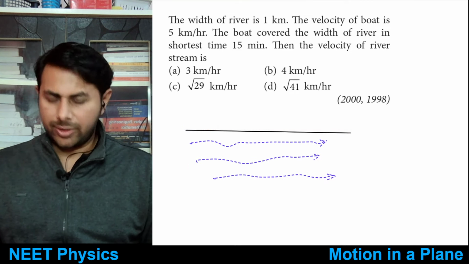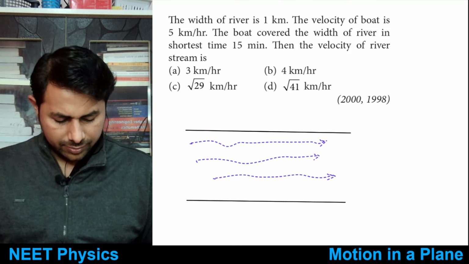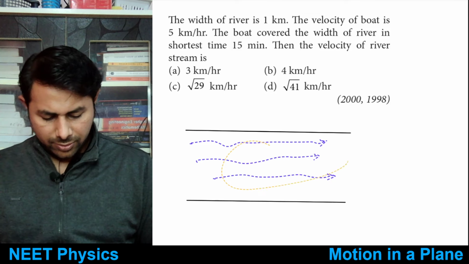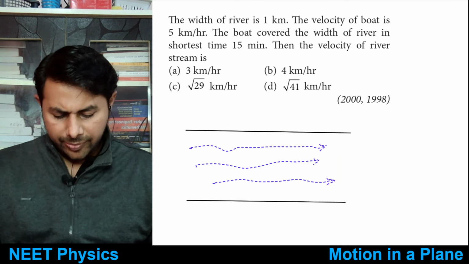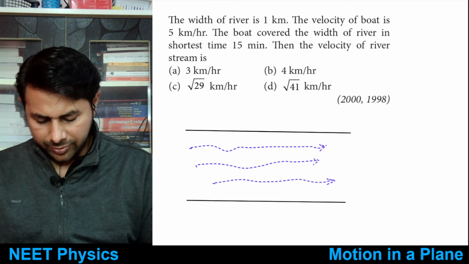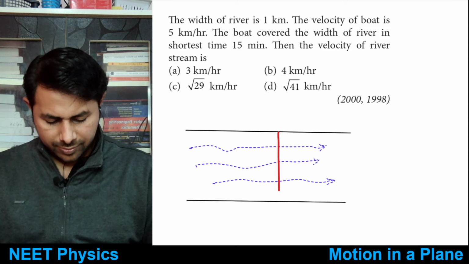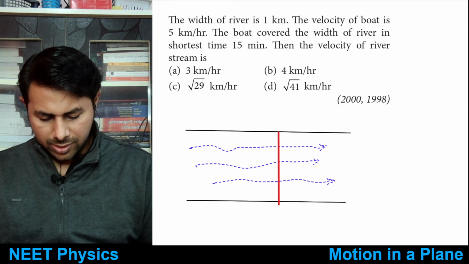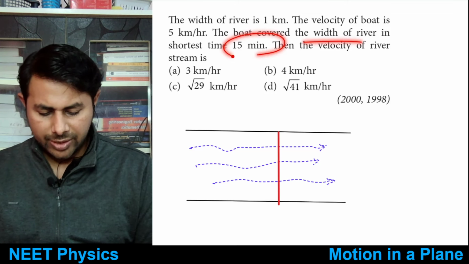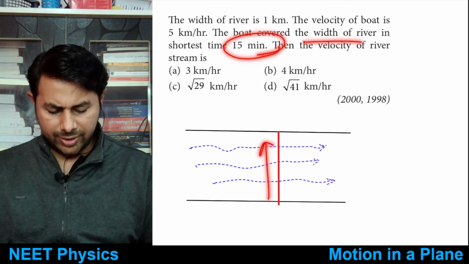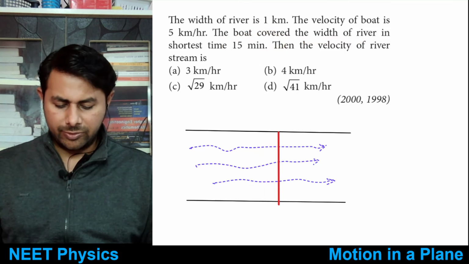So now there is a boat, and the width of the river is given. Width is 1 kilometer. So the boat covers this width of the river in just 15 minutes.